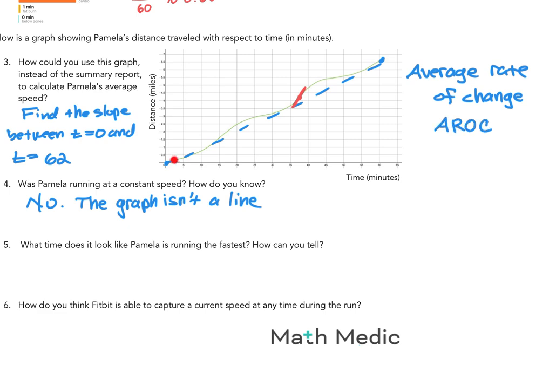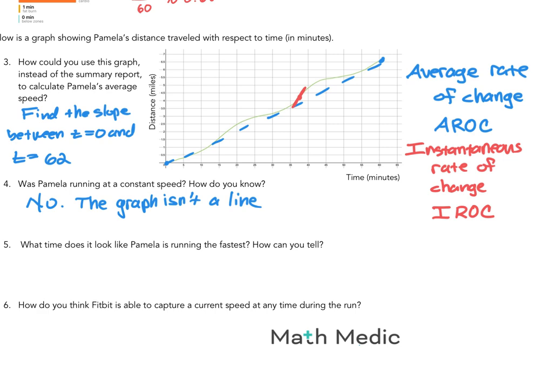Average rate of change is over a big interval. The rate of change at a single point is instantaneous rate of change, which you could see referred to as IROC.